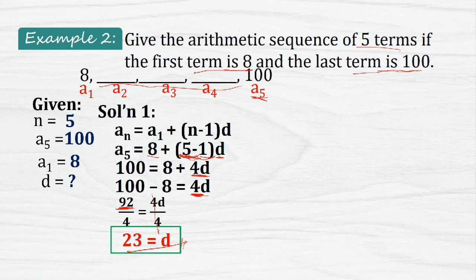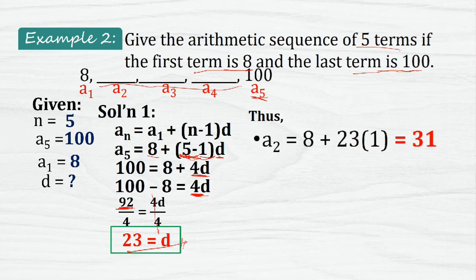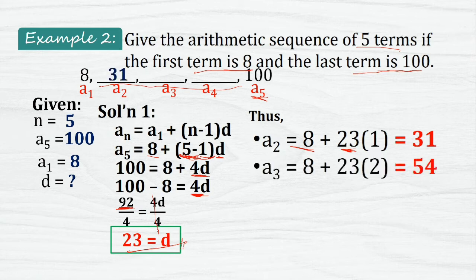Now, to identify the arithmetic means, the first arithmetic mean, that's the second term. So, first term is 8 plus our common difference 23 times n minus 1. So, 2 minus 1 is 1. Okay, that's 31. And then, for A sub 3 or the second arithmetic mean, this one is n minus 1. 3 minus 1 is 2. 2 times 23 plus 8, that's 54.